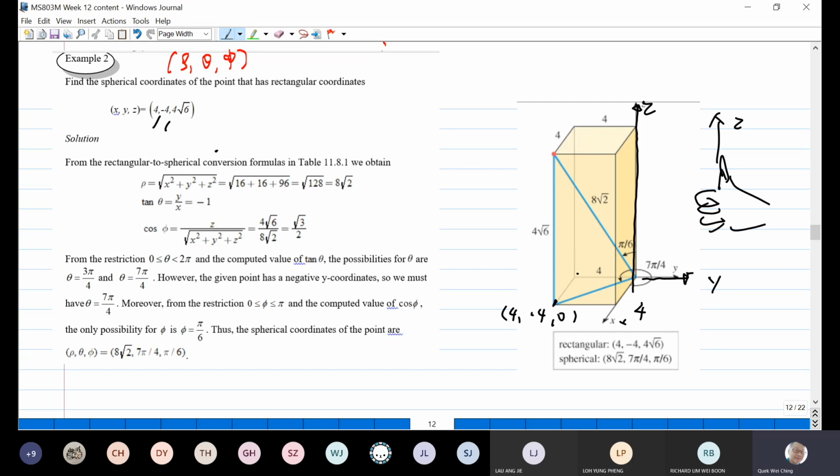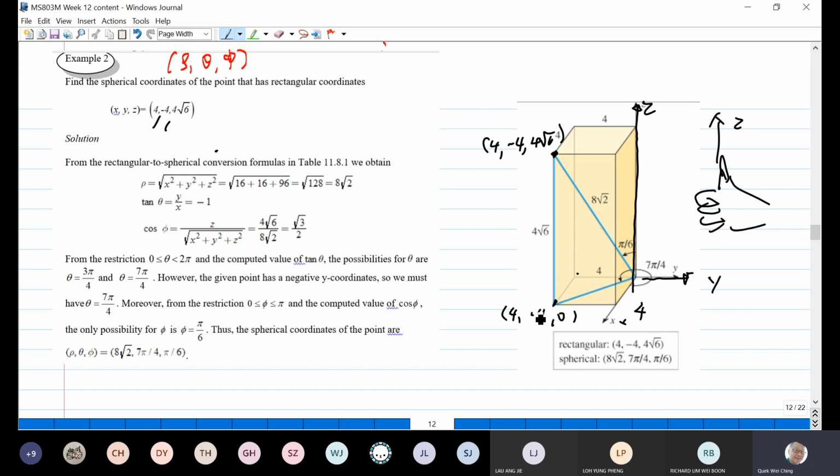So have to go up all the way to 4 square root 6, 4 square root 6 here. Then you got this point. Okay, so x equal to 4, y equal to minus 4, then z equal to 4 square root 6 here.